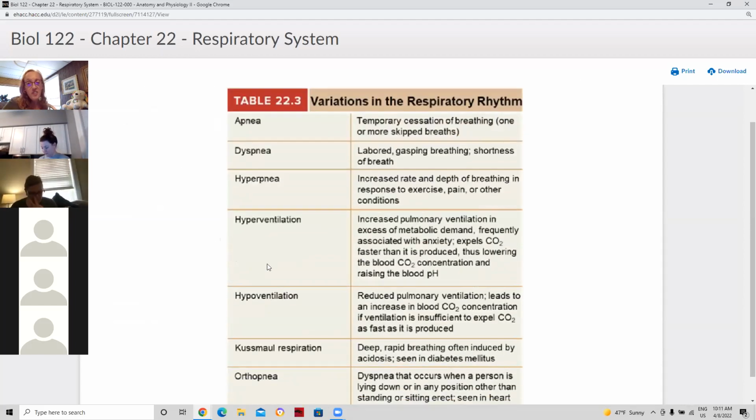So some slight variations in the respiratory rhythm. Apnea is temporary cessation of breathing or skipping breaths. Dyspnea is labored or gasping breathing or shortness of breath. Hyperpnea is an increased rate and depth of breathing in response to exercise, pain, or other conditions.